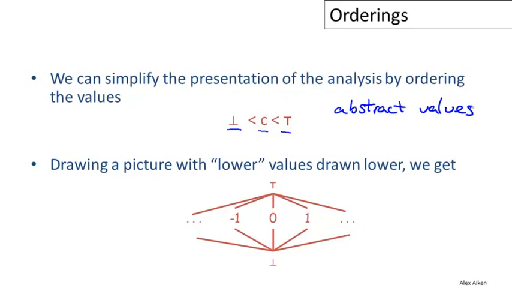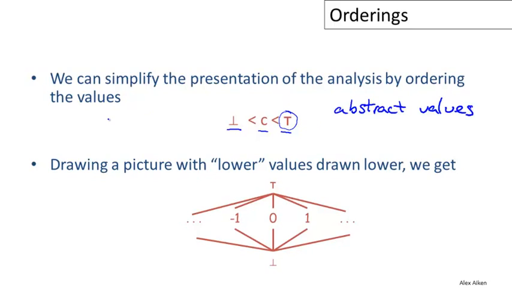The abstract values that the program analysis uses are, in general, more abstract. In particular, abstract values can stand for a set of possible concrete values. In the set of abstract values we're using for constant propagation, there's really only one very abstract value, and that's top, and it stands for any possible runtime value, the entire set of runtime values.